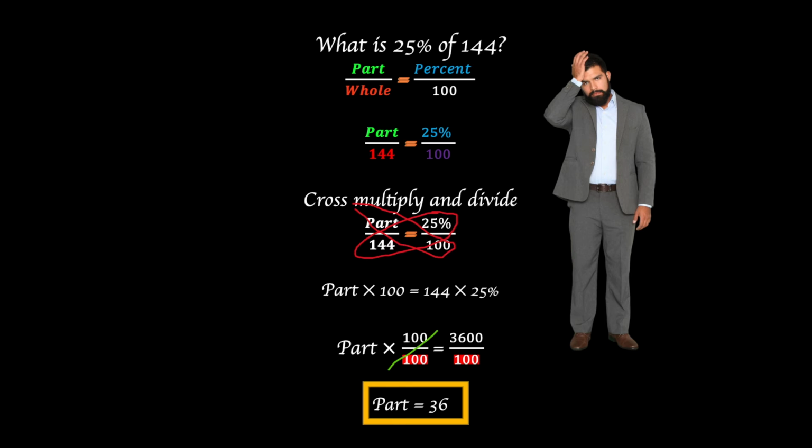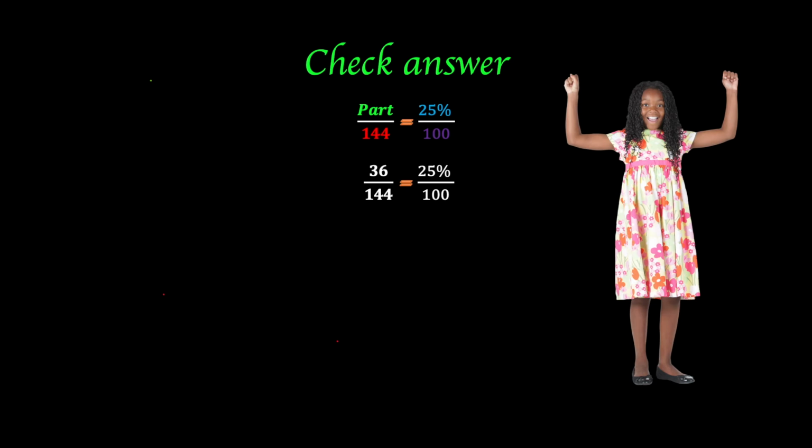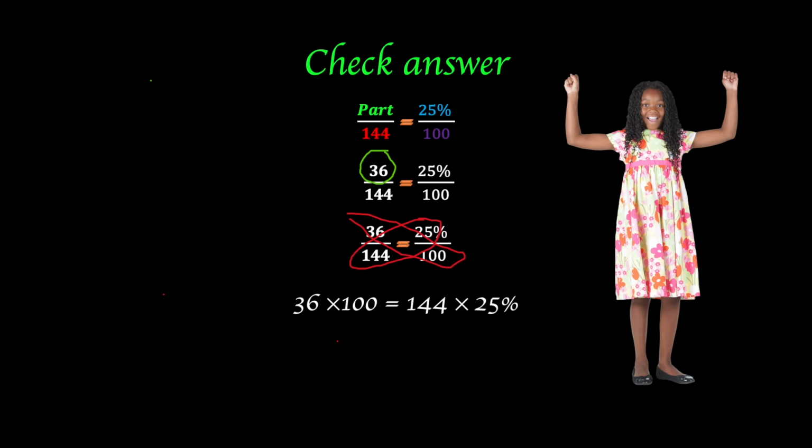How do you check to see if you get the right answer? Just go into the formula and replace the part by the answer that you got, which is 36. So let's place 36 as the part, and now we're going to cross multiply. 144 times 25 and 36 times 100, that's cross multiplying. 36 times 100 equal 144 times 25.